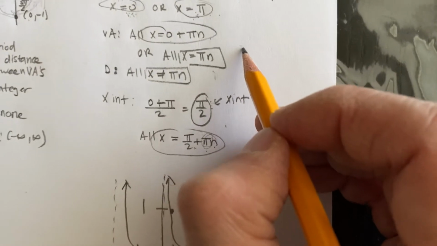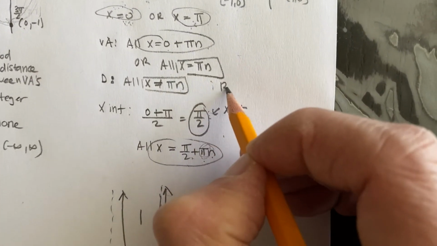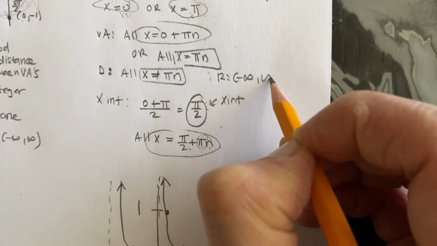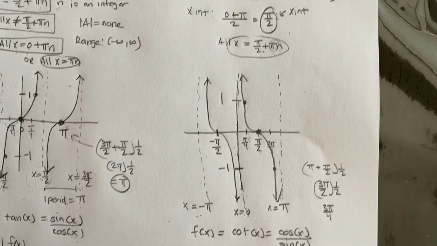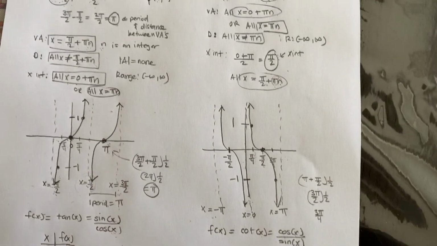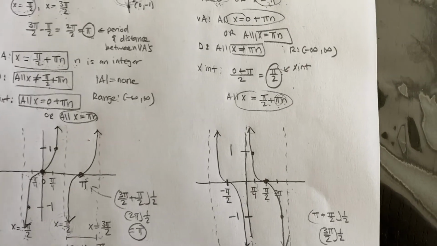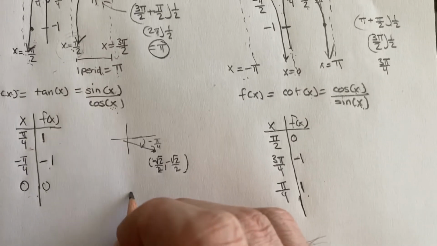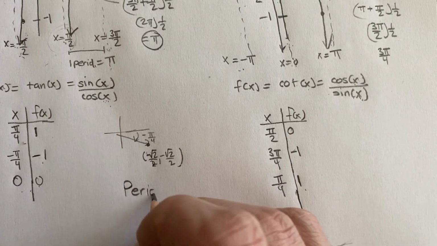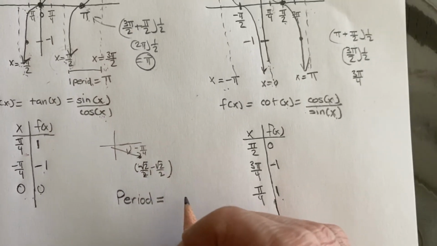And just to finish up the problem, the domain is this, the range, not too difficult, is minus infinity to infinity. And one thing I want to mention before I conclude this video on the parent functions of tan and cotan is that the period is no longer 2 pi over b.